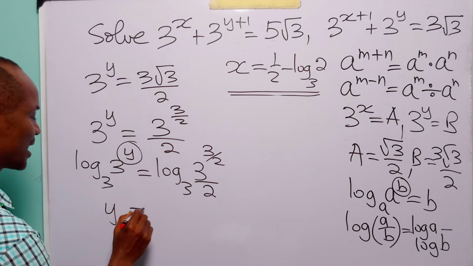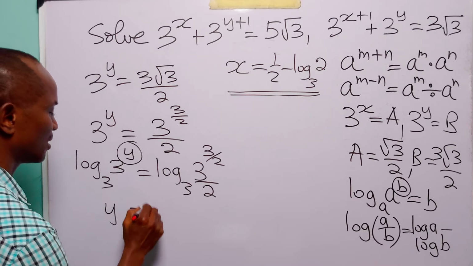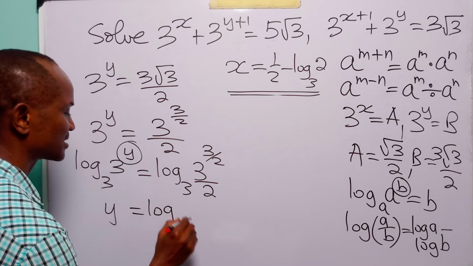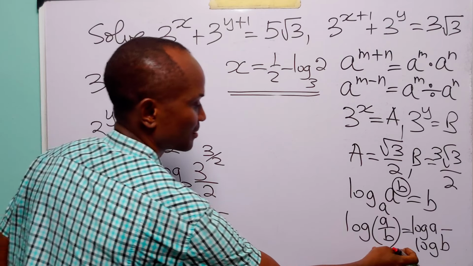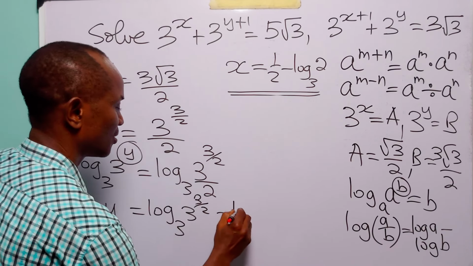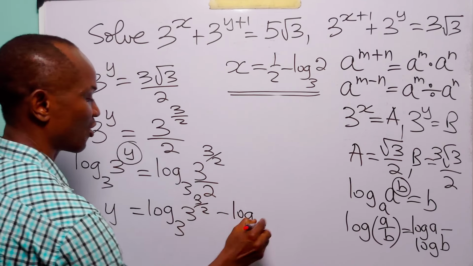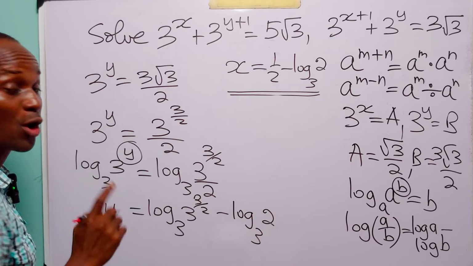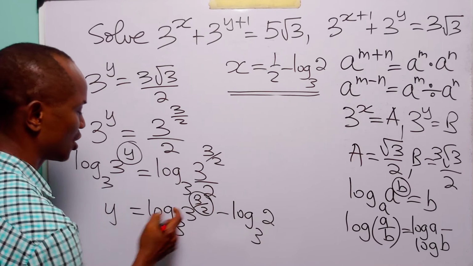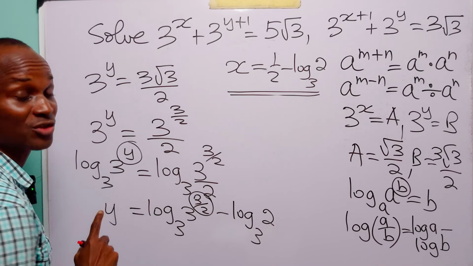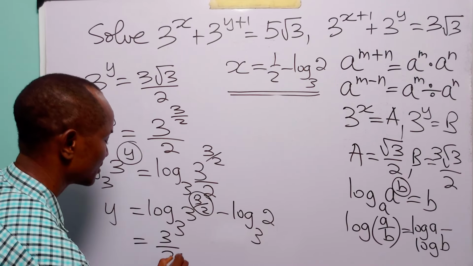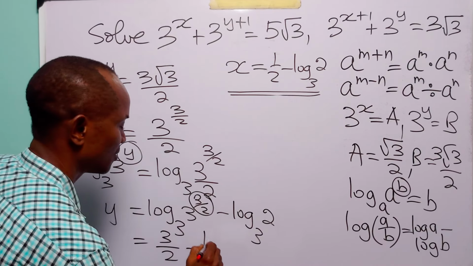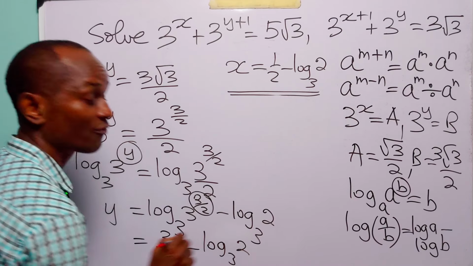So we have that y is equal to log to base 3 of 3 to the power 3 over 2 minus, according to this rule, log to base 3 of 2. Once more, log to base 3 of 3 to the power 3 over 2 is simply equal to 3 over 2 minus log to base 3 of 2.